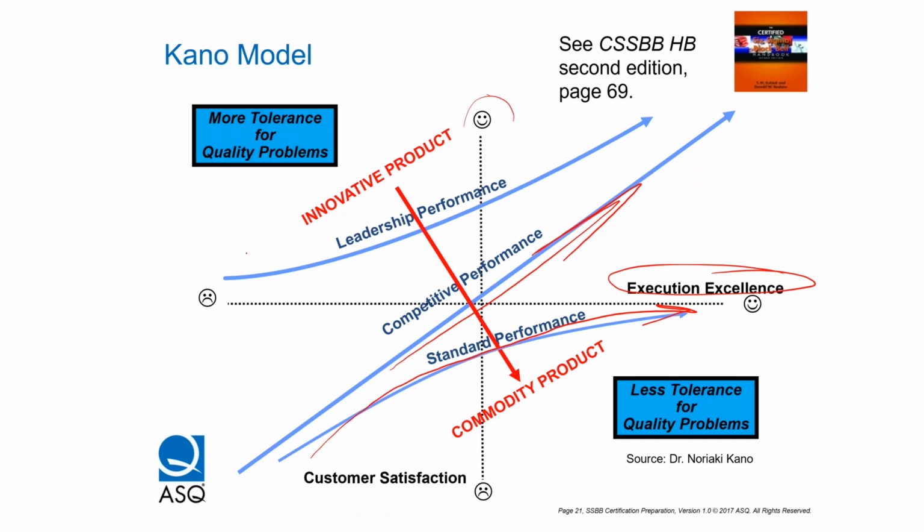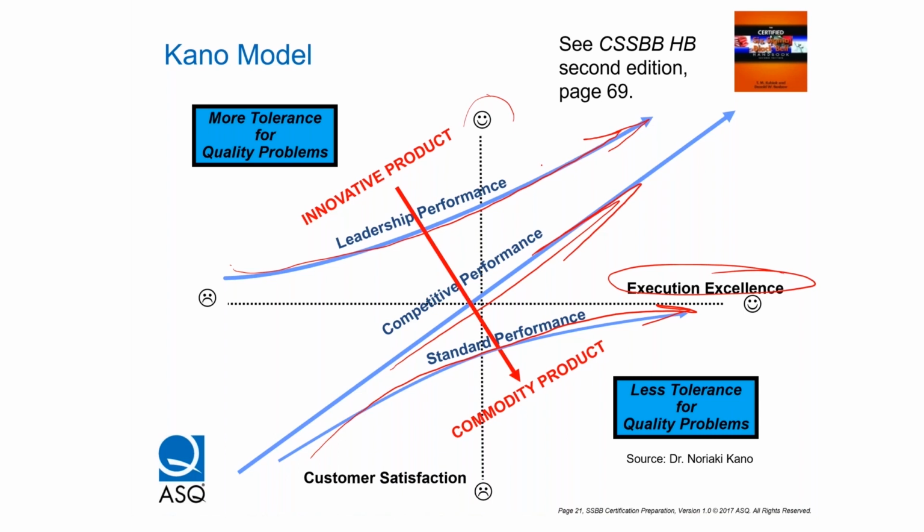And we have something here which we call the delighters. These are things the customer didn't expect in the product, but when you put them in, the customer is happy. It's what they call good to have, something like a touch screen or a digital speedometer on your car.